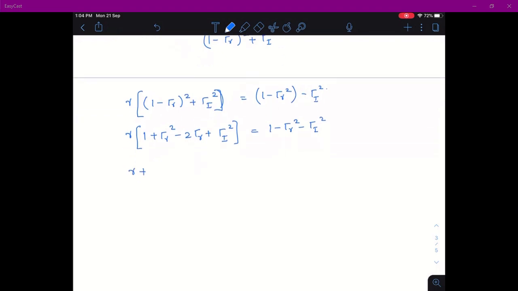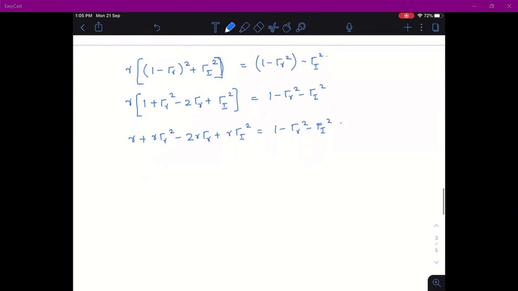So you get r + rτr² − 2rτr + rτI² is equal to 1 − τr² − τI². Okay. Now let's do one thing. Let's group the terms of τr.